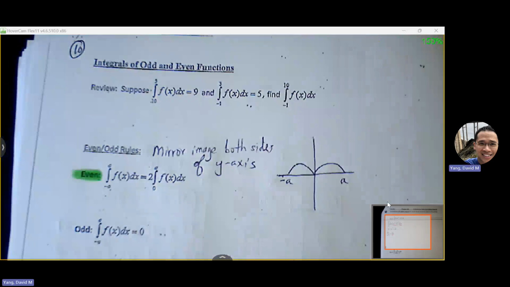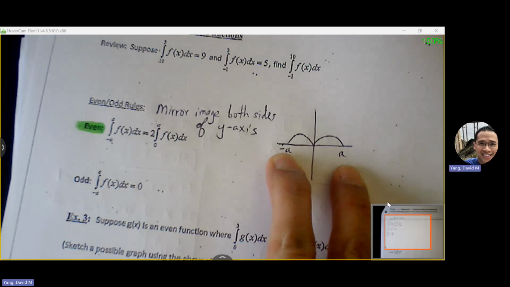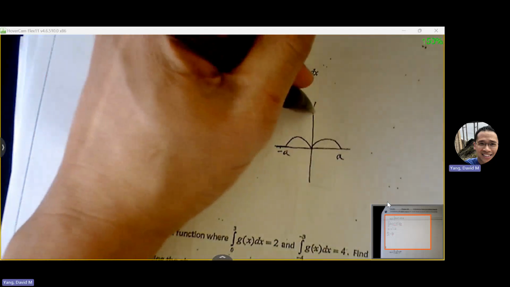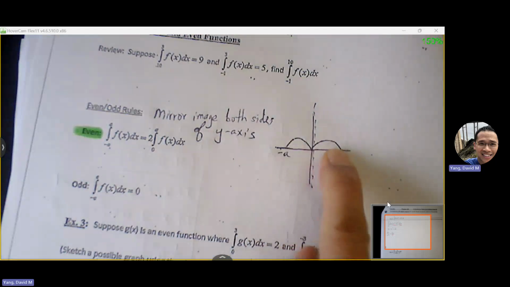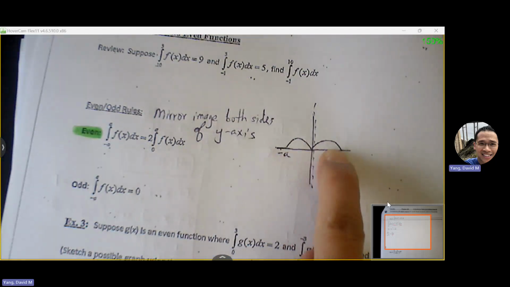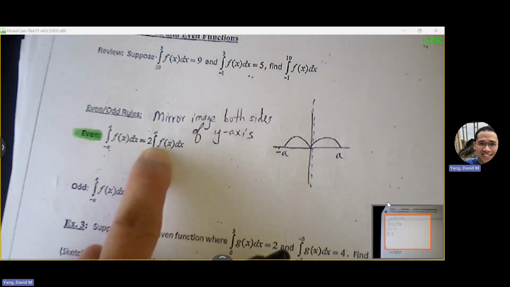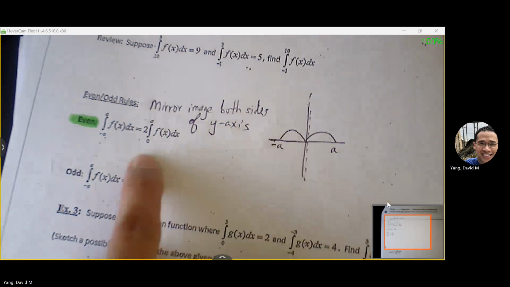It says that if it's a true even function, as long as I'm the same distance away from the origin, the area on both sides are the same. So if this is 2, this is also 2. If this is 4, this is also 4. So the idea is that the entire region from -a to a is equal to if I just took half that region and then doubled it.